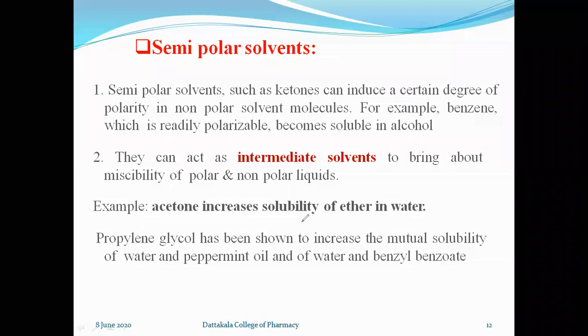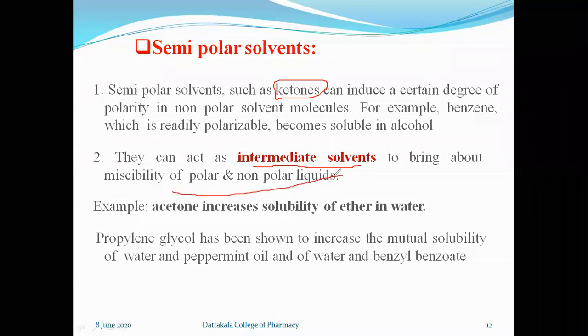Example: benzene is solubilized into water due to the addition of ketone, for example acetone. They can act as intermediate solvent. Means what? These do not directly act as a solvent. These just act as an intermediator between the solute and solvent by inducing the polarity into the solvent, to bring about miscibility of polar and non-polar liquid.